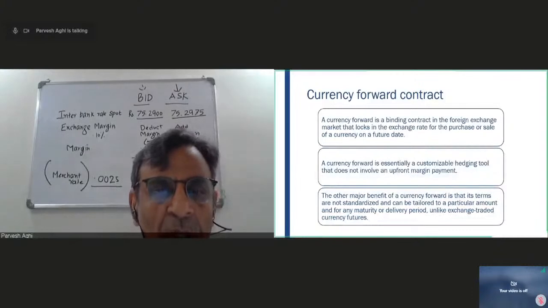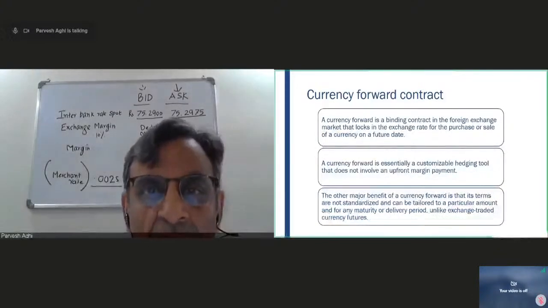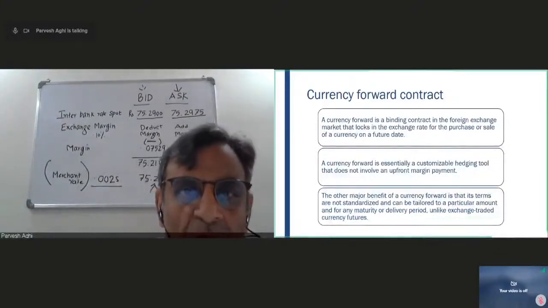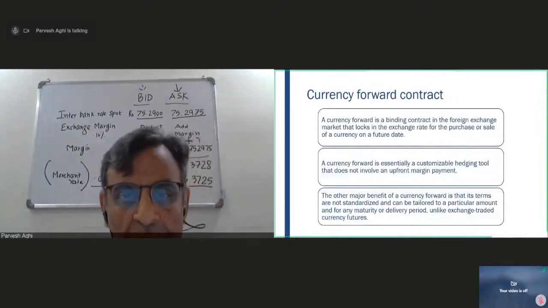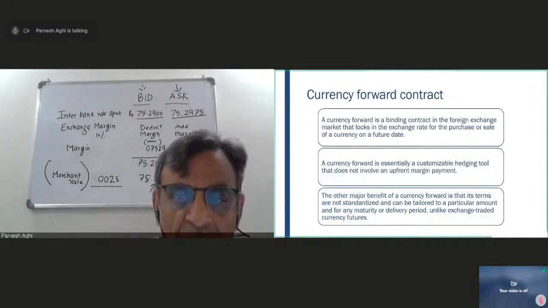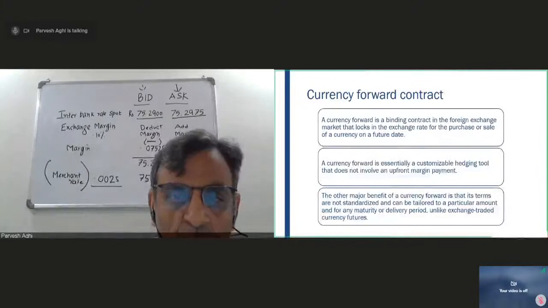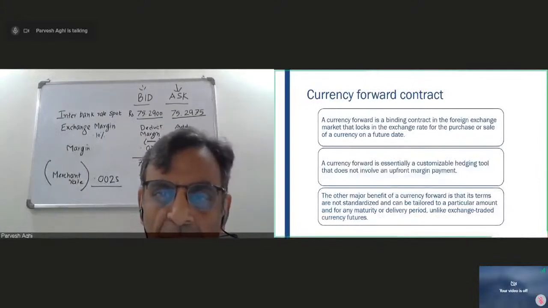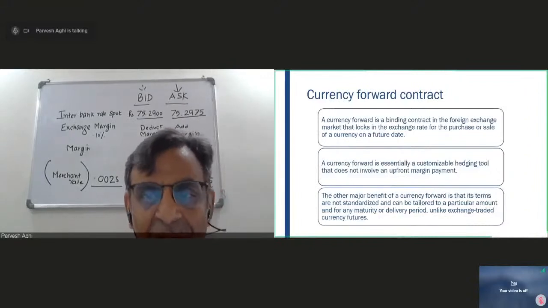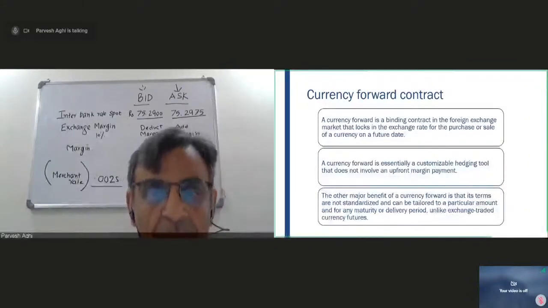Suppose you want to hedge your currency risk. Either you go in the forward market or you go in the futures market. In the forward market, you can make a tailor-made request. In a futures market, it's a standard market. I'm going to explain that in more detail with an example later on.